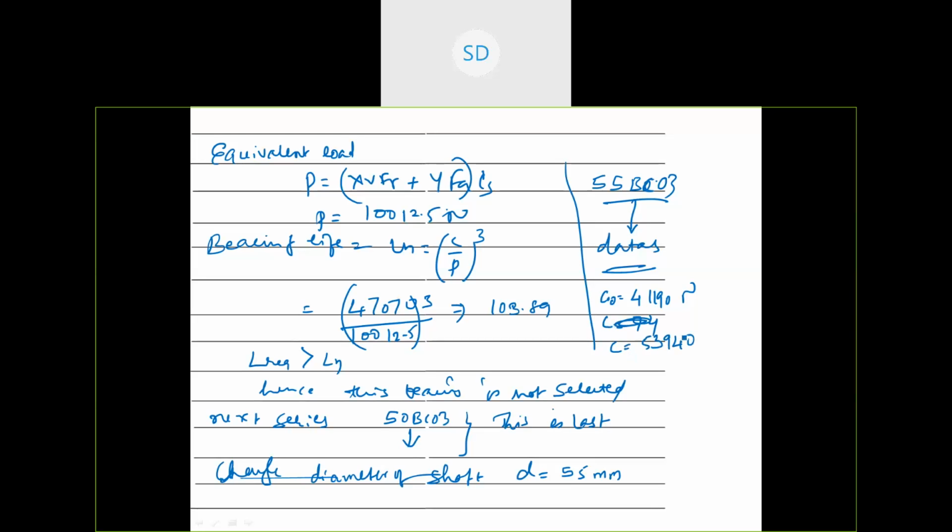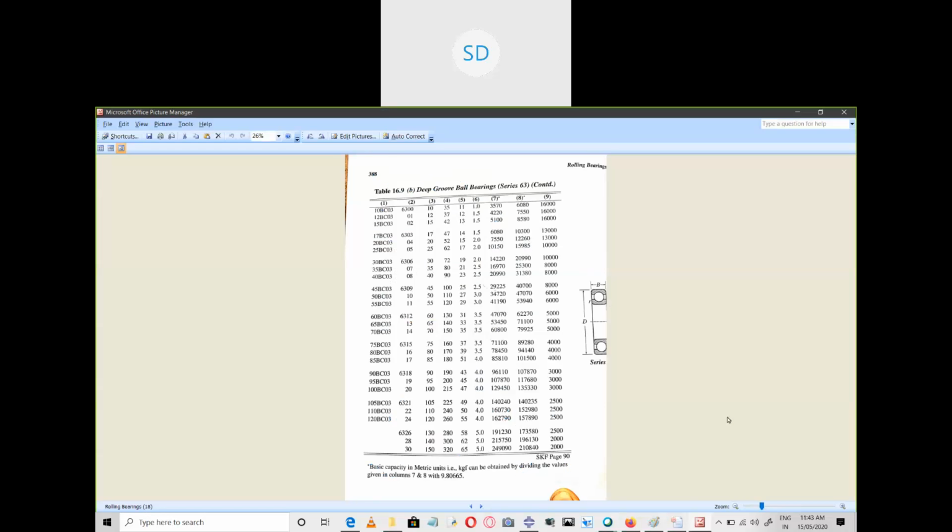Again, you calculate what is FA by VFR. It is going to remain the same here. Okay. Now you need to check FA by C0, how much you are going to get. Now if you get 0.78, then you compare in table 16.3.